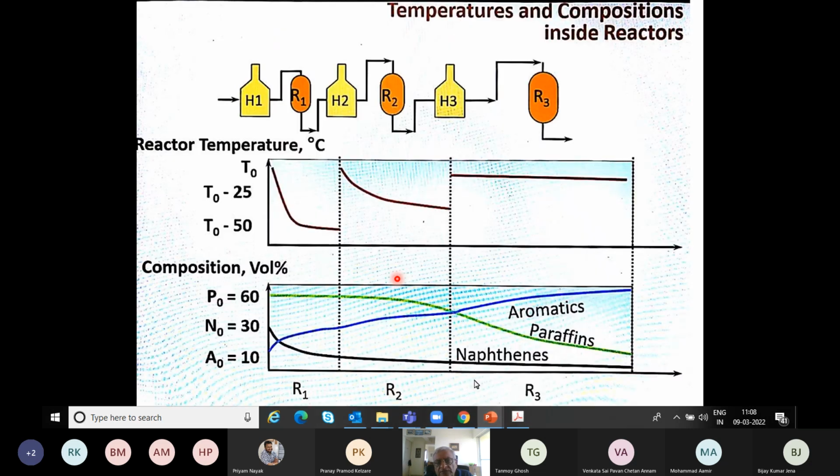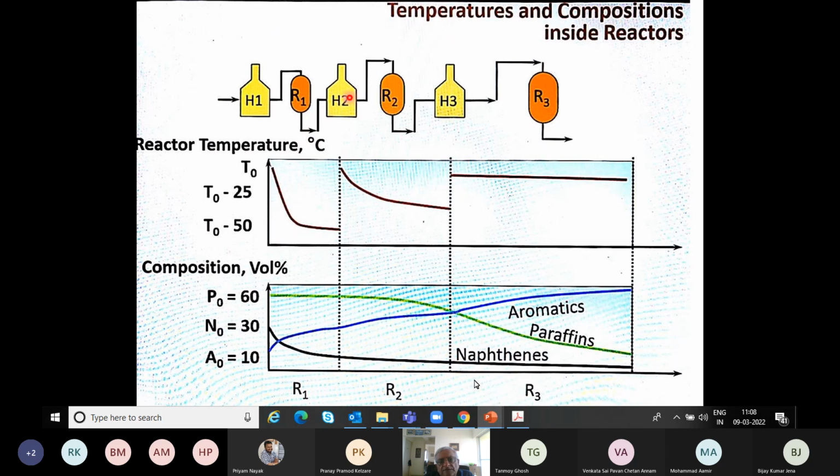As you already know, the major reaction is transformation of naphthenes to aromatics, that is the dehydrogenation. That is highly endothermic, so there is a big temperature drop in the first reactor.